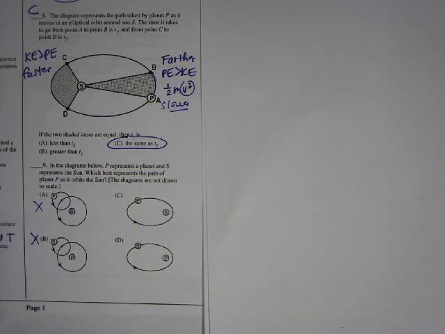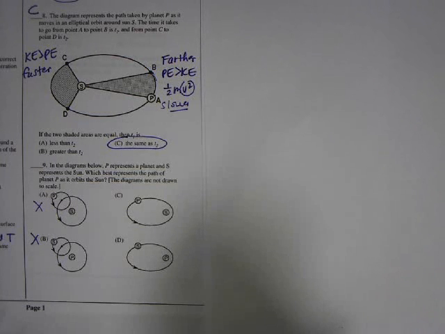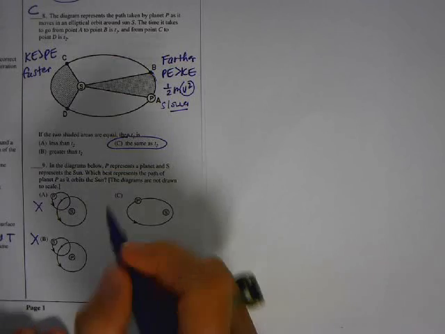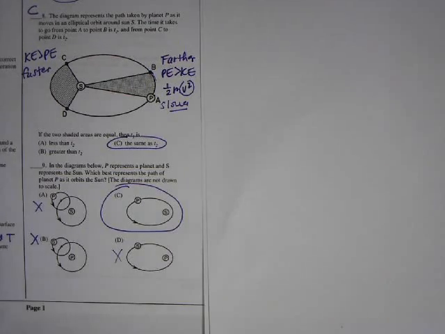Now, if you look at these models, P represents the planet, S represents the sun. Is the sun going around the Earth? No. So, besides this being a very quick question that you can do in a minute, it's very, very simple. This is stuff you learned in elementary school. Okay, but again, it has to do with Kepler's first law, that the planets are moving around the sun in elliptical orbits. All right, let's look at the next page.